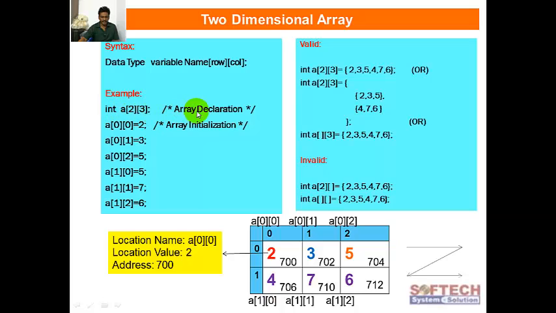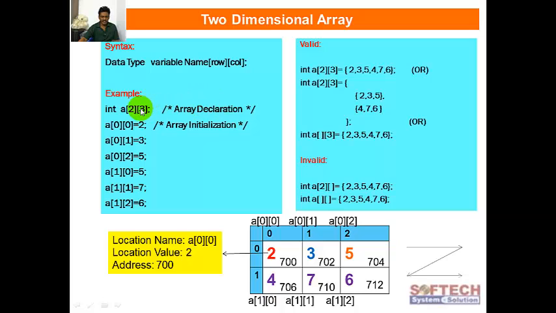This is array declaration. First we declare the array. The declaration is handled at the time of compilation, so based on the declaration statement, the compiler allocates 6 integer locations, continuously 6 integer locations.